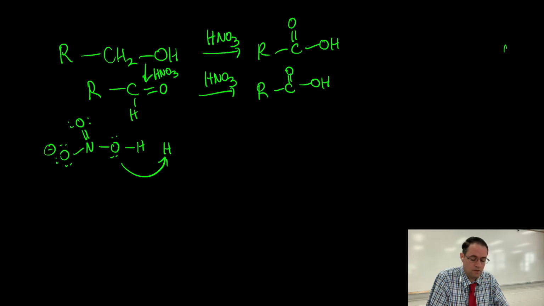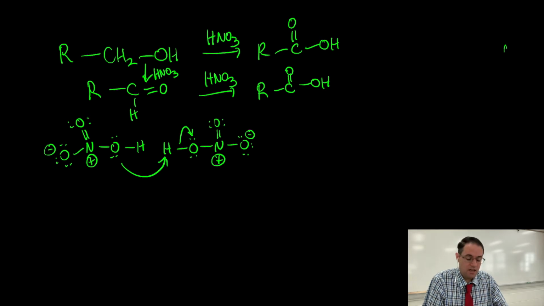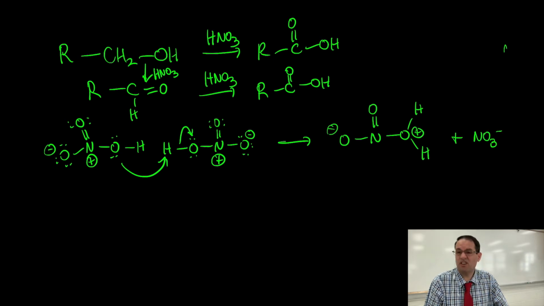So nitric acid is going to pick up this proton here. It takes a while to draw all the pluses and minuses, so bear with me. What that forms is a protonated species, plus nitrate. I'm just going to draw NO3 minus as the conjugate base.